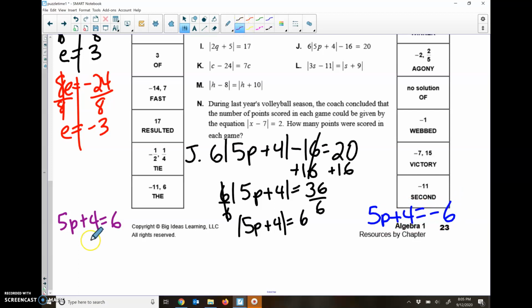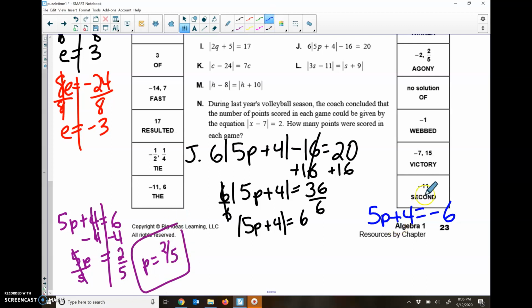Okay, so do our math here. It's a plus 4, so I need a minus 4. So I get 5p equals 6 minus 4 is 2. So I end up dividing both sides by 5. 2 divided by 5 can't be simplified, so I'm just going to leave it as 2 over 5.